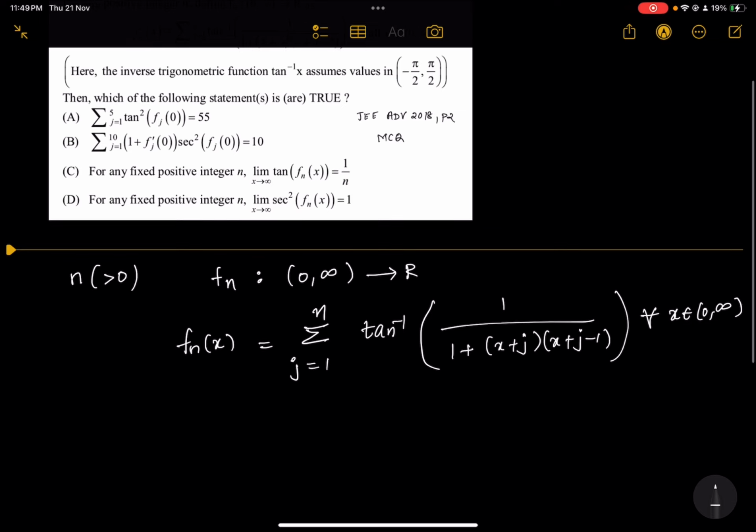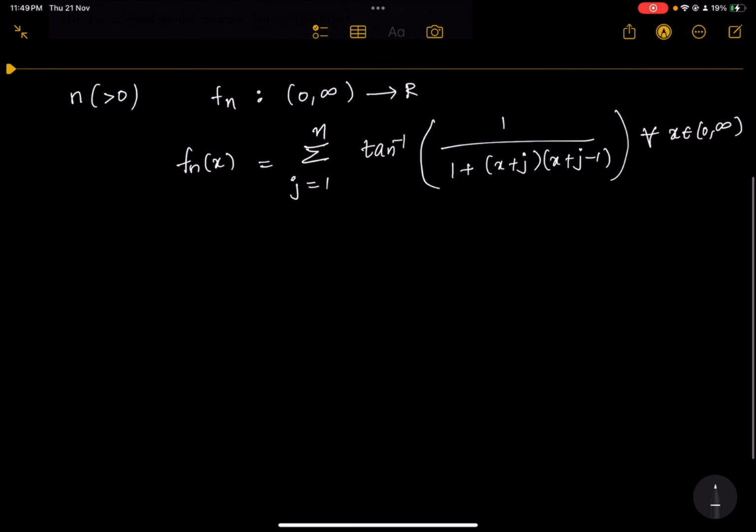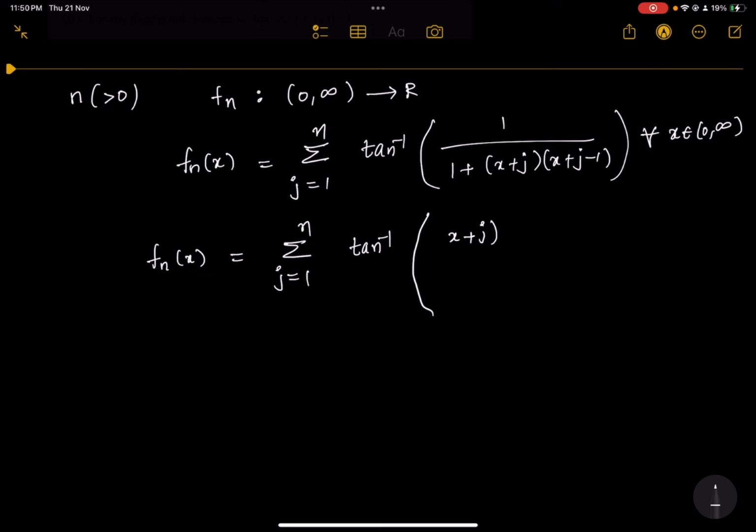Now let us go ahead and find out what fn of x actually is. Fn of x is the sum from j equals 1 to n of tan inverse of, the 1 in the numerator can be written as (x plus j) minus (x plus j minus 1), by 1 plus (x plus j) into (x plus j minus 1).